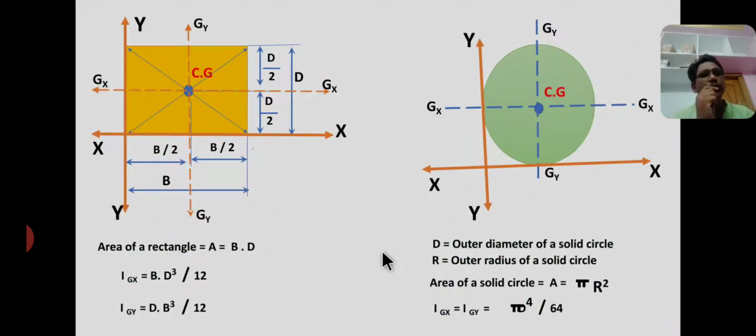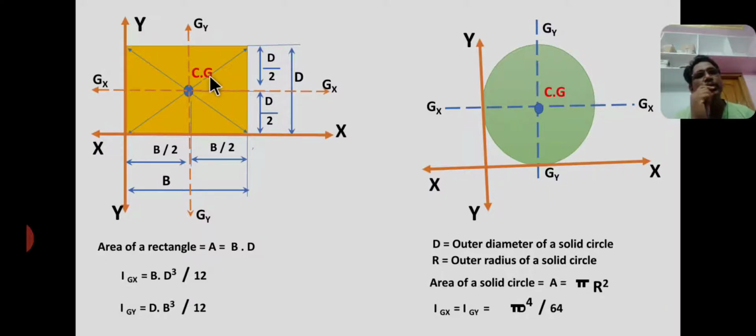Before going to the problems, first of all you have to know the fundamentals about centroid and area moment of inertia. So the centroid of a rectangle lies where its diagonals meet each other. Therefore the intersecting point of these two diagonals is the centroid.